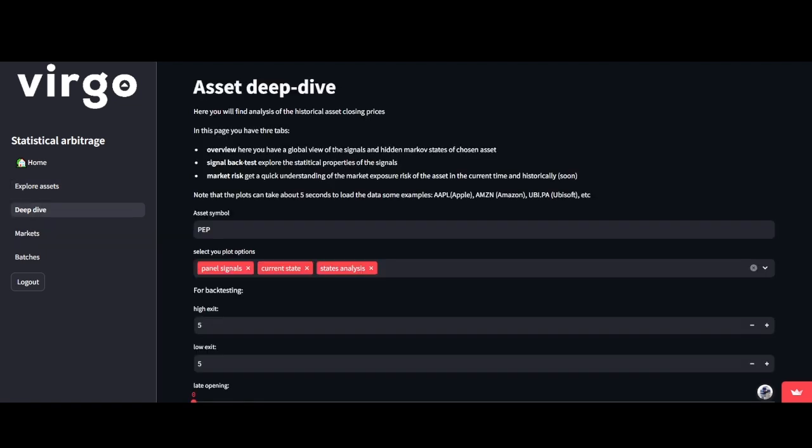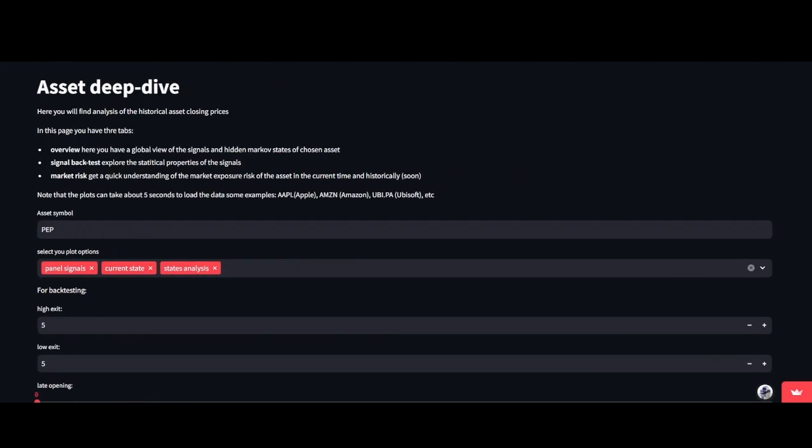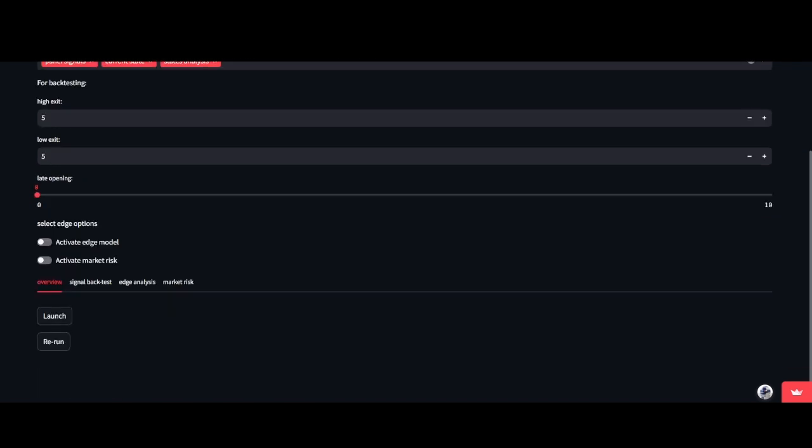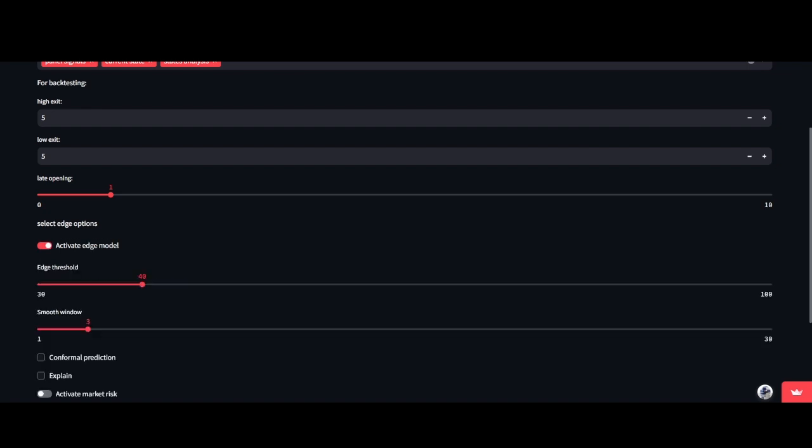I'm going to switch to the deep dive tab. I'm going to set the late opening to 1 day, because I make my analysis and it gives me more or less 1 day of delay in reaching the market. If I put 0, it means that my analysis is based on data up to the previous day.